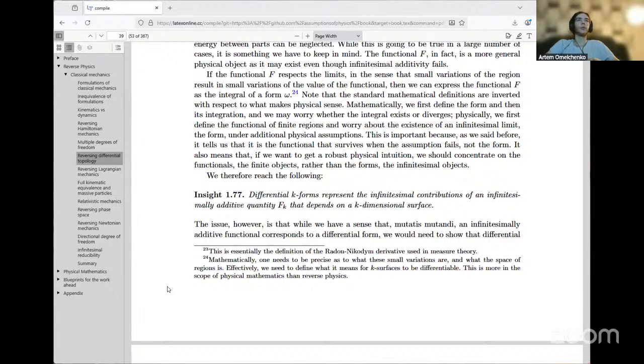This is important because, as we said before, it is the functional that survives when the assumption fails, not the form. It also means that if we want to get a robust physical intuition, we should concentrate on the functionals, the finite objects, rather than the forms, the infinitesimal objects.